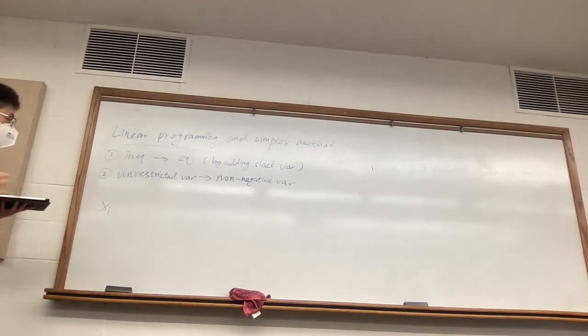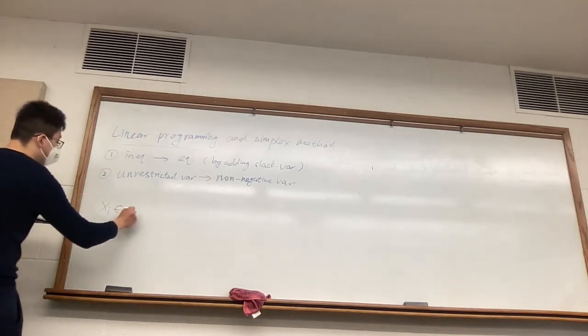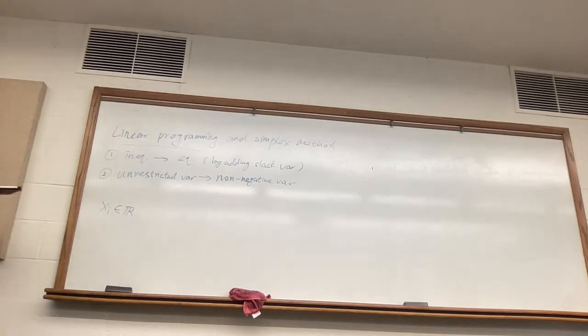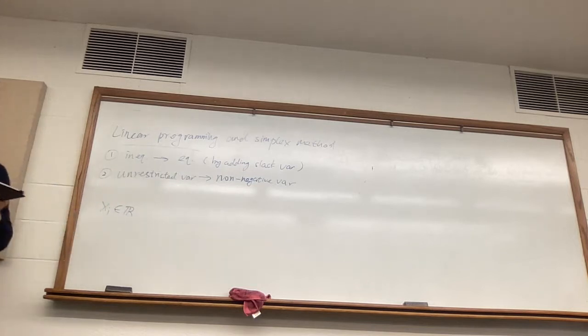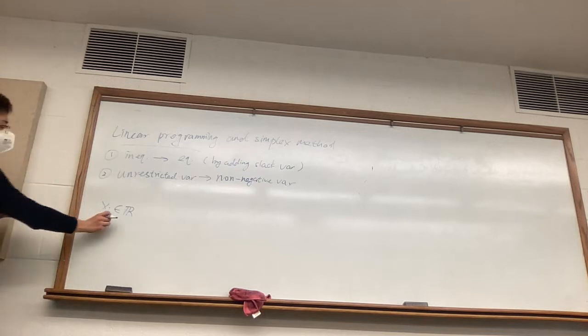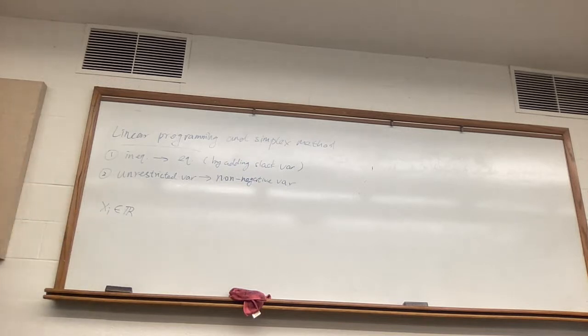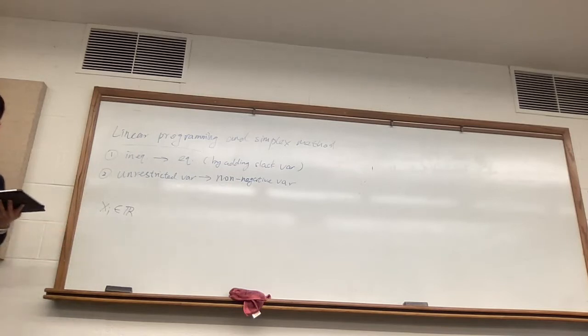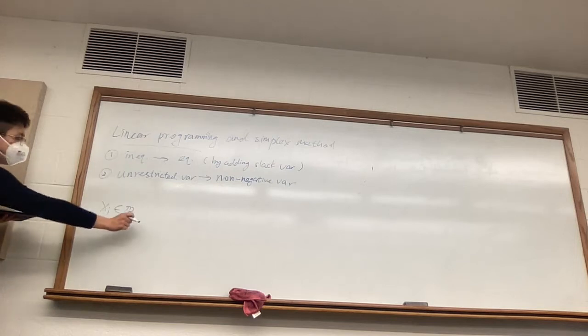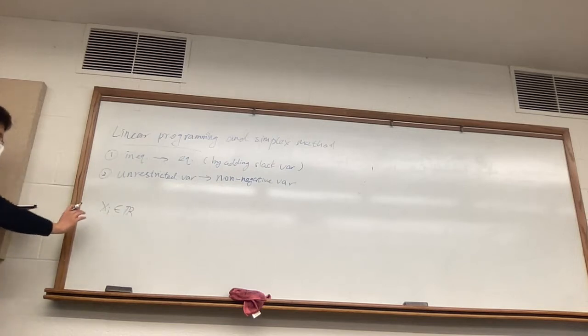In your problem setting, xi can just be any real number. Then here comes the question: how can you transform xi to be non-negative variables? So let's say this xi can be some person's fortune, and it can be positive or negative. If it is negative, he's in debt, right? So how can you transform this xi, which can be any real number, to be a non-negative? Can anybody tell me?